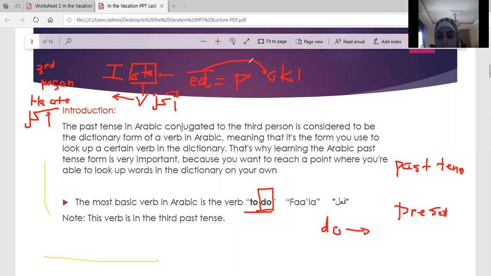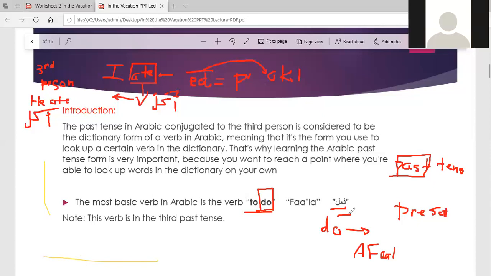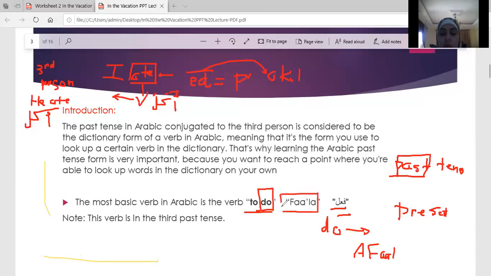أفعل. Now, let's use the past tense of do. What is the past tense of do? It's فعل, guys, okay? Are you still with me? Yep. So please know that the past tense of do is فعل, okay? And this verb is in the third person past tense. Why is it in the third, Mia, here?